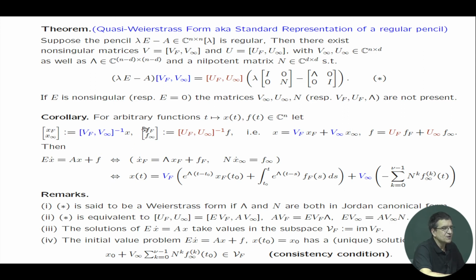And also we multiply the inhomogeneity with the inverse of the U matrix and split the result up in two parts. And then these relations hold.